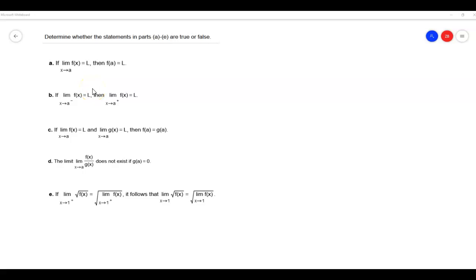The first one says that the limit, as x approaches a, of f of x is equal to L. Since there's no little plus or minus, this means that from both sides, as x is approaching some limit, that means some y value from both sides.